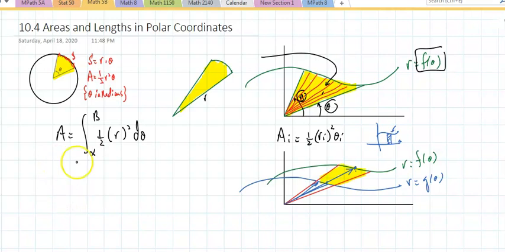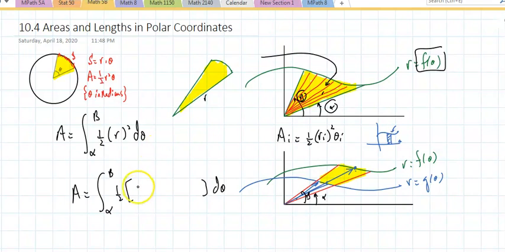So area here would be the integral, again, let's say from alpha to beta. Oh, I messed up. From alpha to beta of 1/2, and the same caution or warning that we did, you actually take f of theta squared and you subtract off g of theta squared.